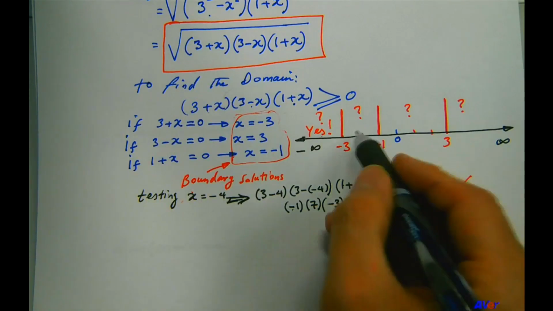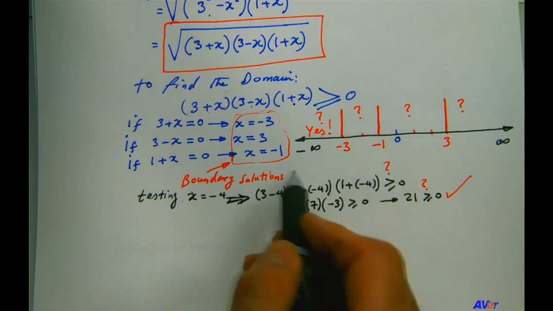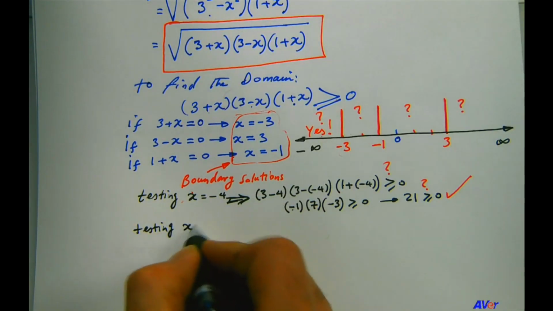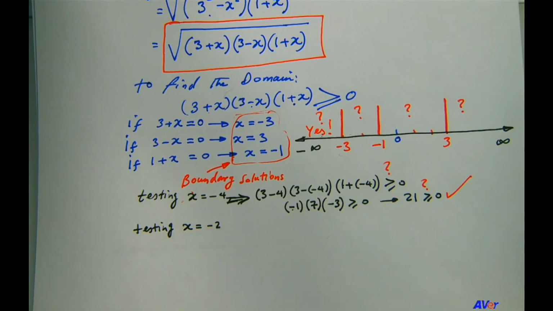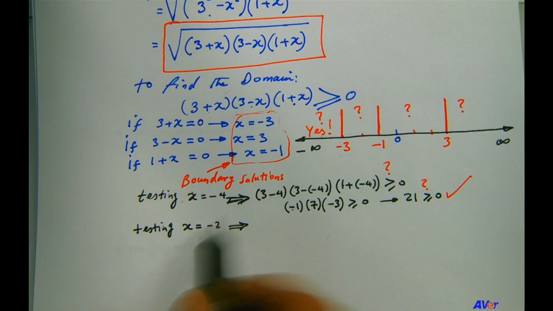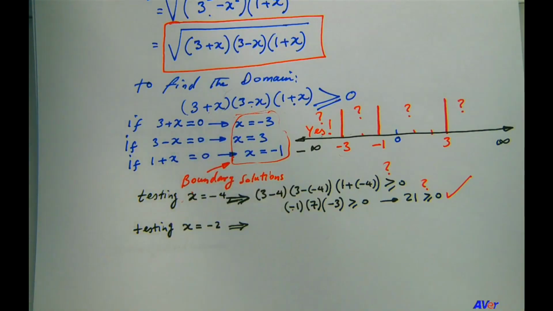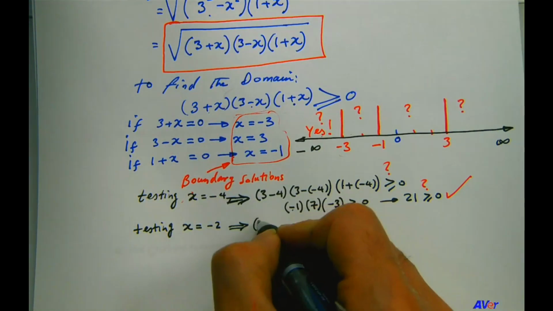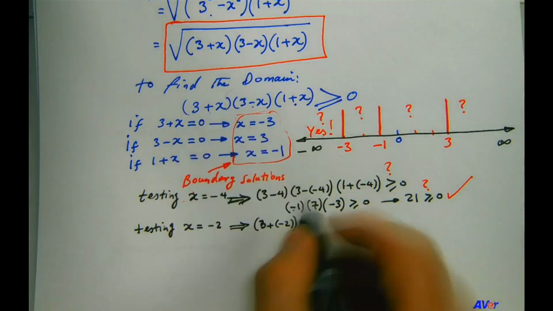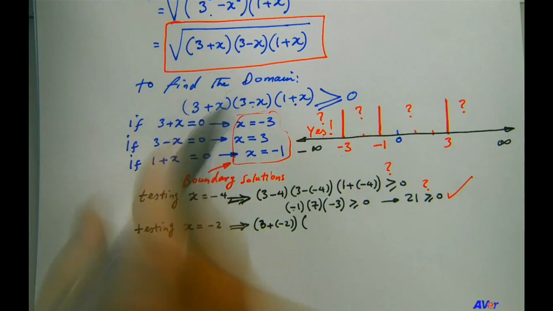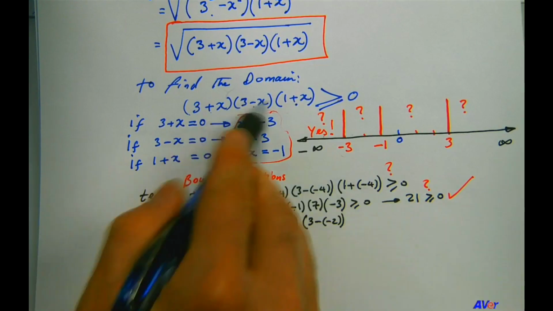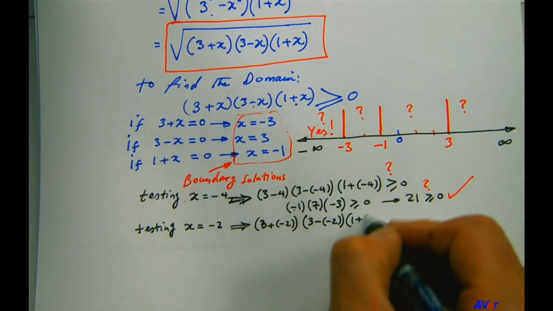Then let's test the number in this region between -3 and -1. I'm going to pick an easy number, x equals -2. It's right there, right? In between. So let's plug this -2 into this inequality. We get 3 plus -2 times 3 minus -2 times 1 plus -2.